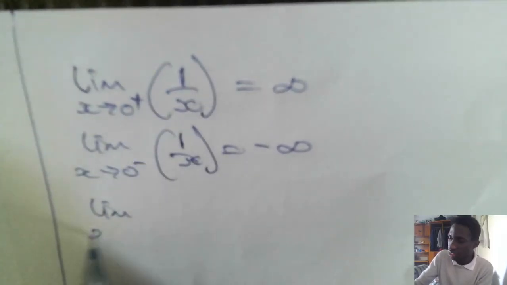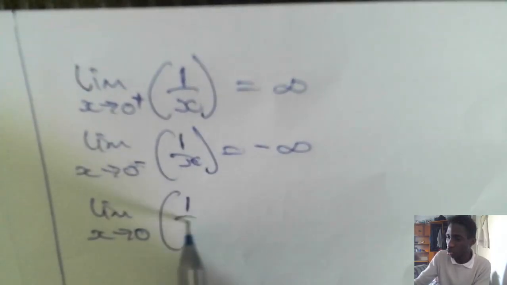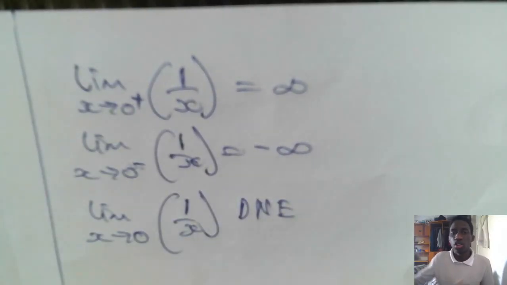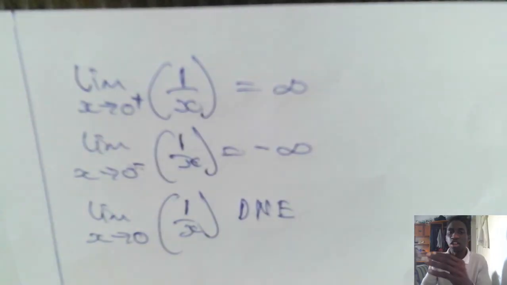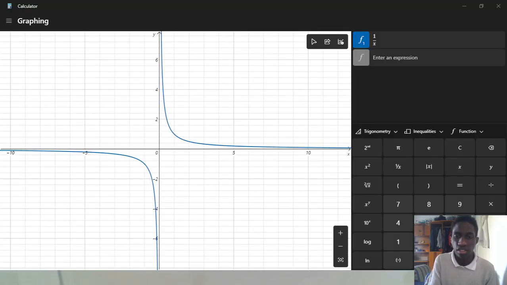The limit as x approaches 0, not from the right or from the left, just x approaches 0 of 1 over x. This does not exist, DNE, because you are not approaching an exact value as you approach the limit either from the right or from the left. You are not approaching an exact value, so it doesn't exist. We've seen that in the graph here. So we already know that one.